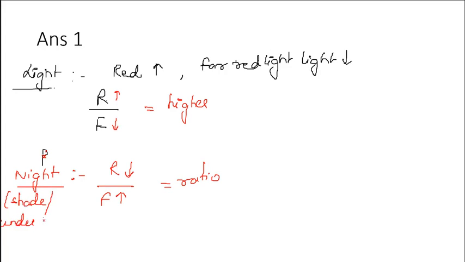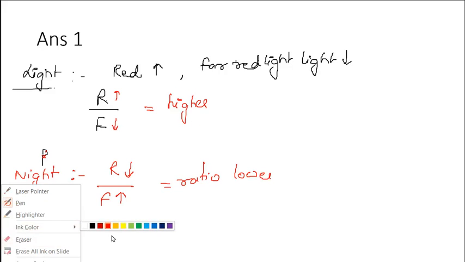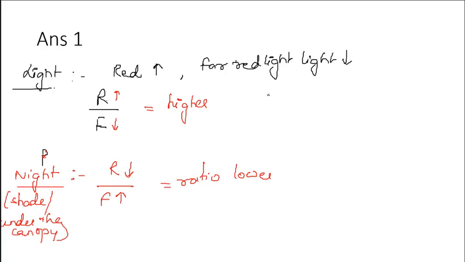Now this time we are considering red and far red. Now what about PR and PFR? So when red light is more, then PFR will be more. See, PR will be converted to PFR in the presence of red light.